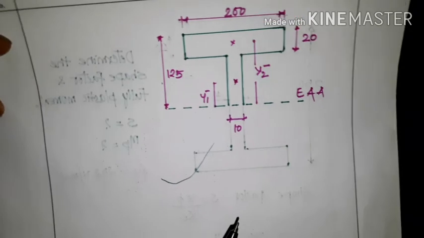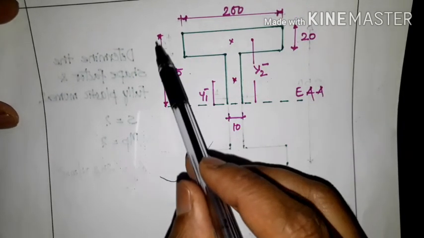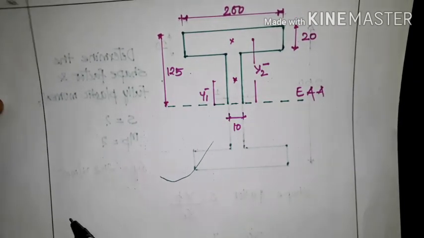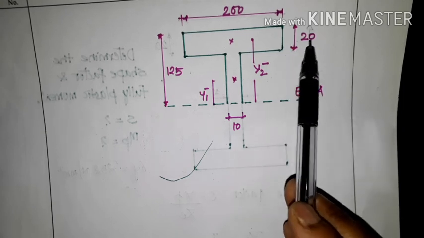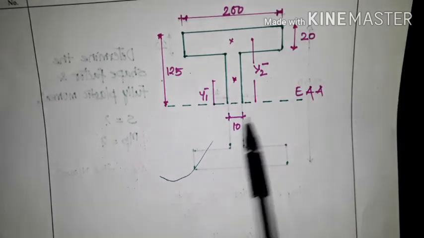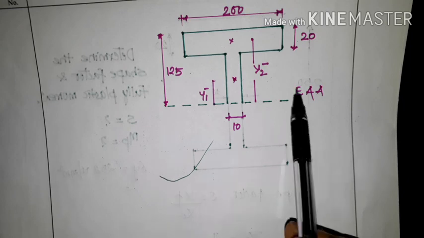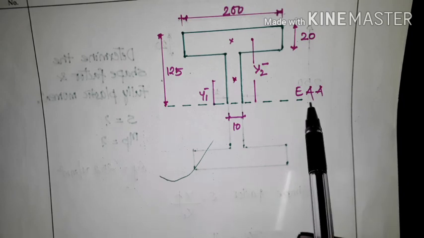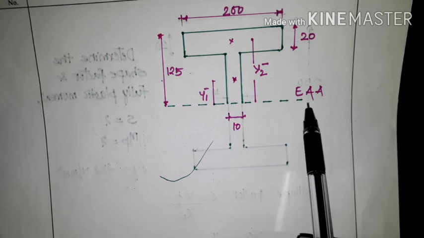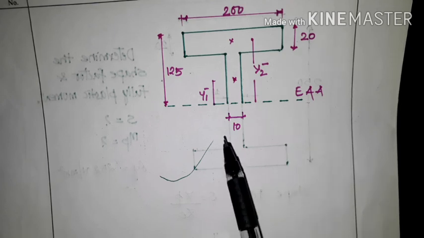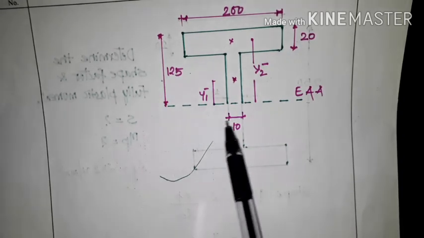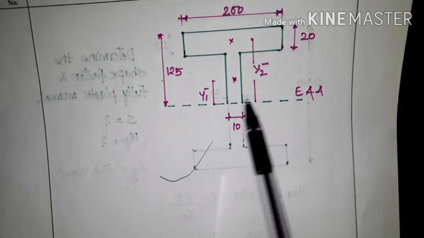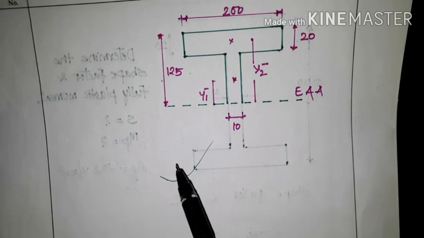So now we have divided this cross section in equally two parts with respect to equal area axis. Okay. As our section is symmetrical about horizontal axis, the equal area axis and the neutral axis both coincide, and even the part above the equal area axis and the part below the equal area axis both coincide.